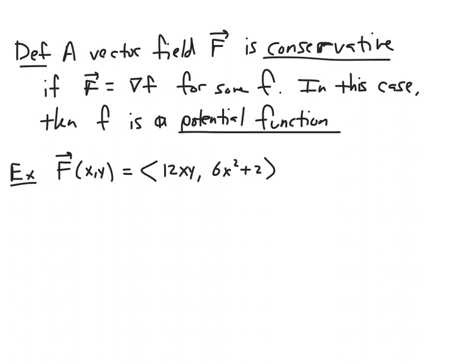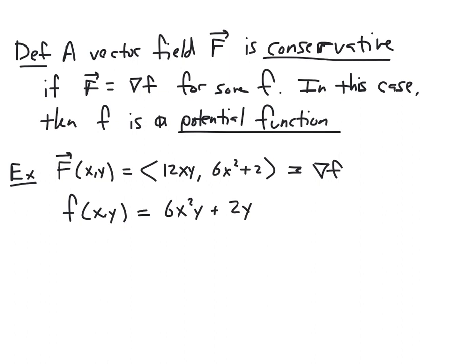If we look at it, we don't really have anything other than this definition, so the question simply is, is this the gradient vector for some function? If we just play around with it, we could probably come up with the function f of x, y equals 6x squared y plus 2y, and then we see that this is in fact the gradient of this function f.